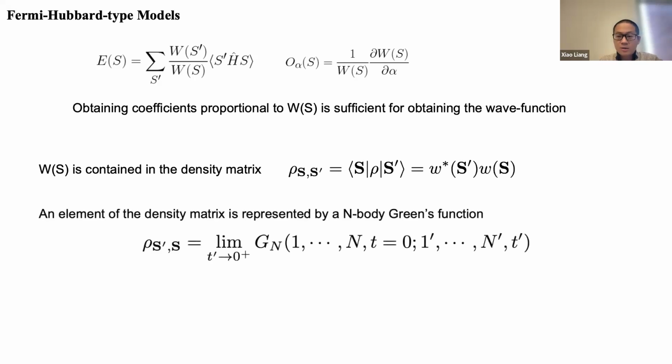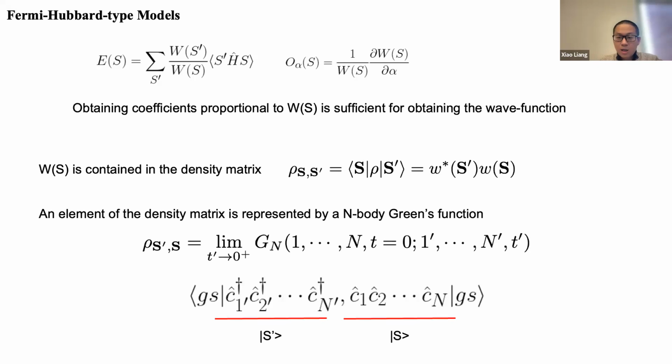The density matrix element is represented by the unbounded Green's function under the ground state. The unbounded Green's function contains n creating and destroying operators.